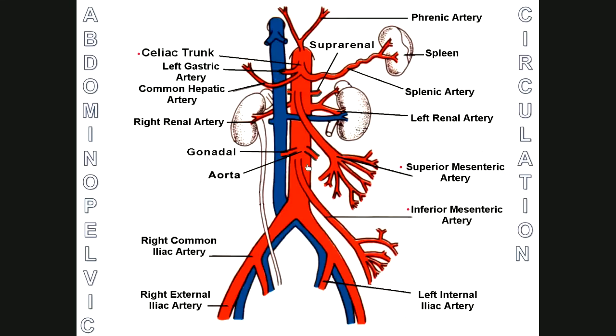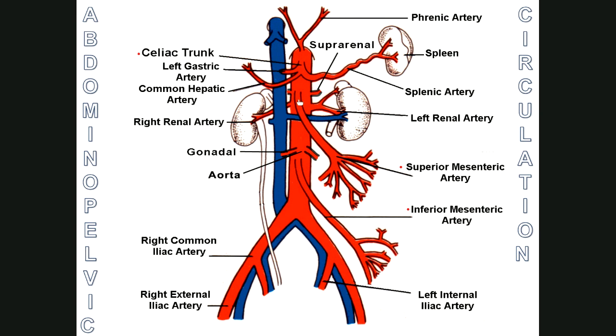So here are the unpaired arteries, which include the celiac trunk, which is going to give off the common hepatic artery, gastric artery, and splenic arteries. Superior mesenteric artery, which pretty much is going to supply a lot of the small intestine, and the inferior mesenteric arteries giving oxygenated blood to the large intestine.